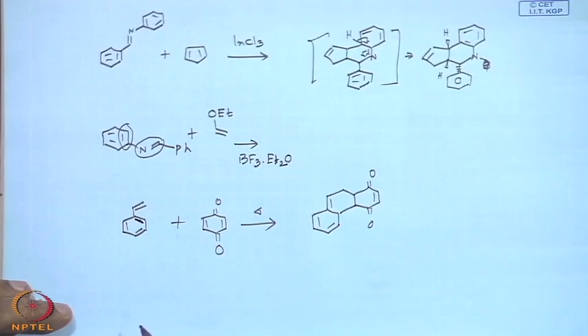Now, the next important thing: why did I choose ethyl vinyl ether? I could have used a normal dienophile. Normal dienophiles are ethyl acrylate, acetylene dicarboxylic acid ester, maleic anhydride, or alpha beta unsaturated ketones, those Michael acceptors.